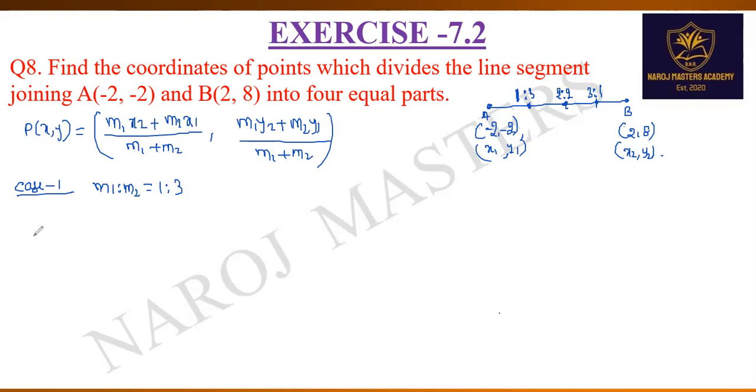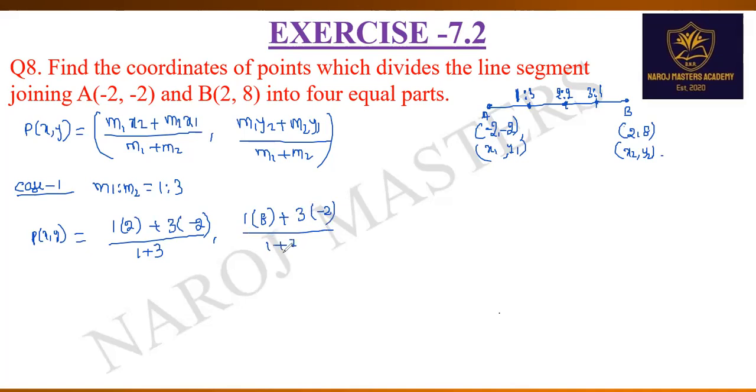Now P of x comma y is equal to m1 which is 1 into x2 which is 2, plus m2 which is 3 into x1 which is minus 2, by 1 plus 3, comma 1 into y2 which is 8, plus 3 into y1 which is minus 2, by 1 plus 3.